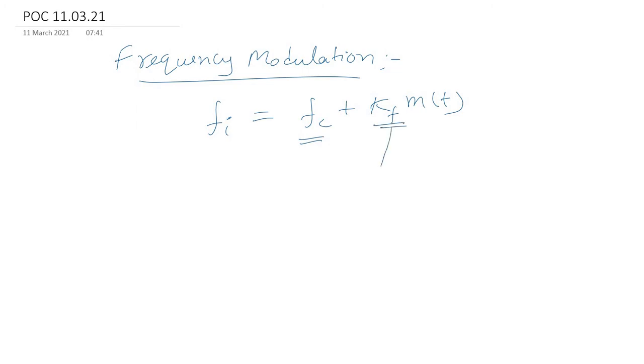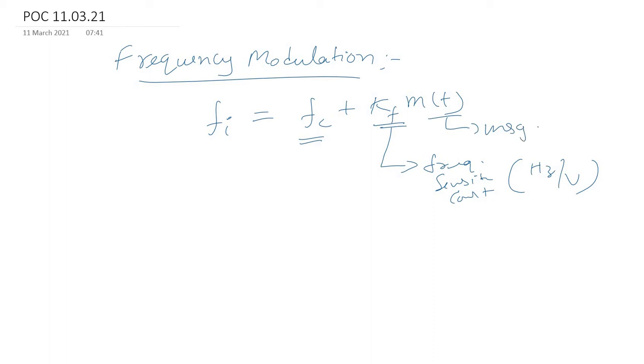Kf represents your frequency sensitivity constant, and the unit of this constant is hertz per volt, and m(t) is your message signal.